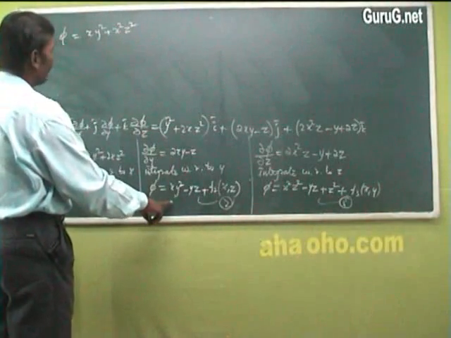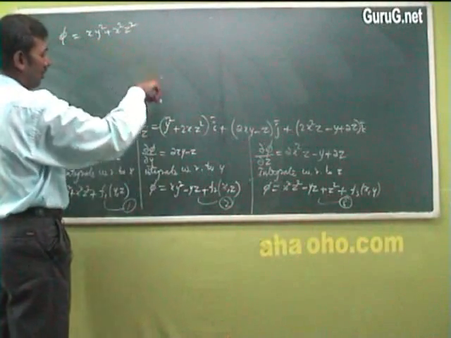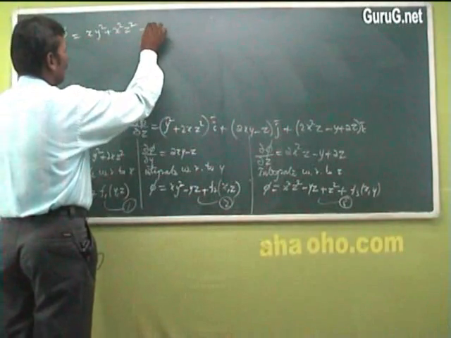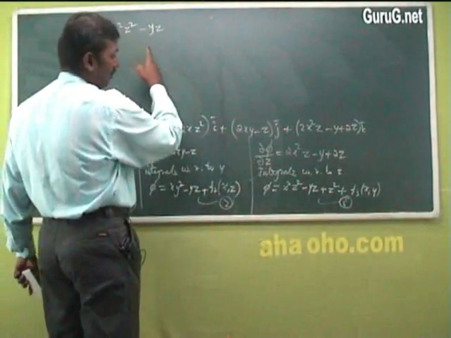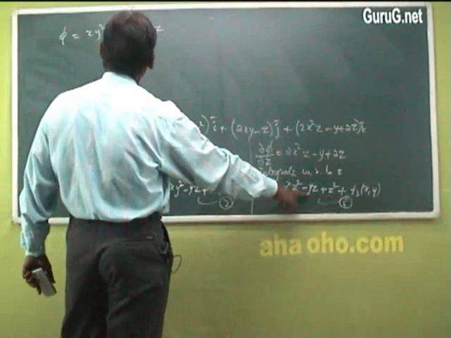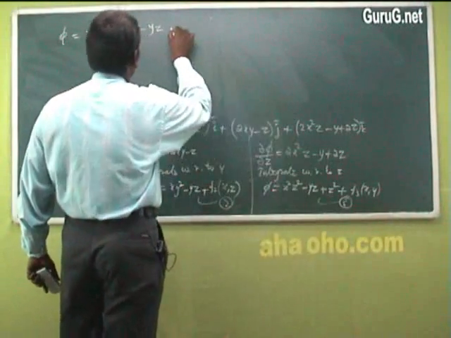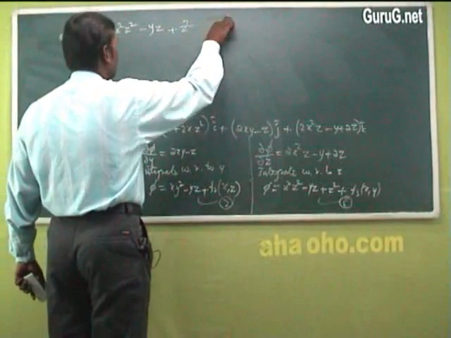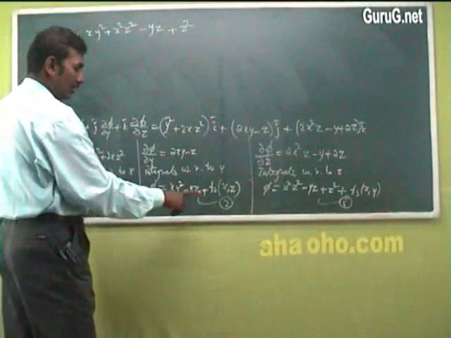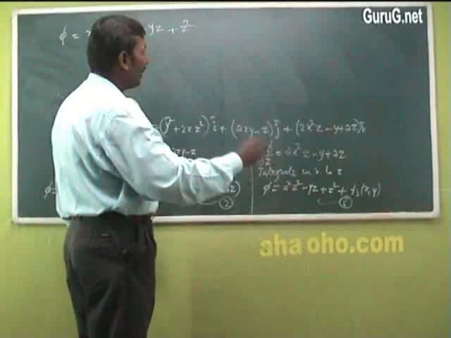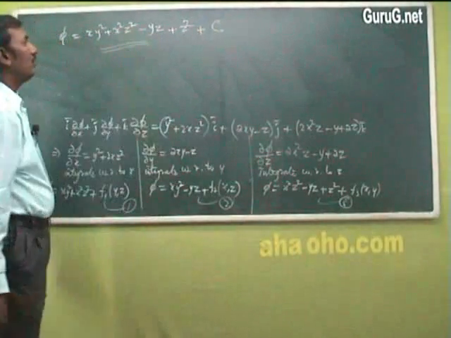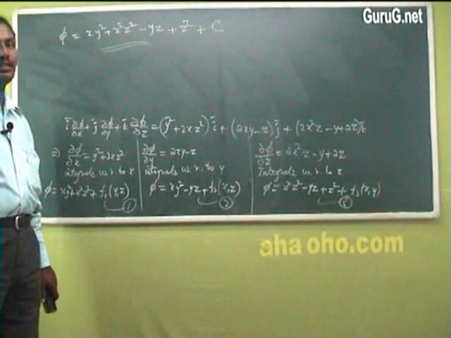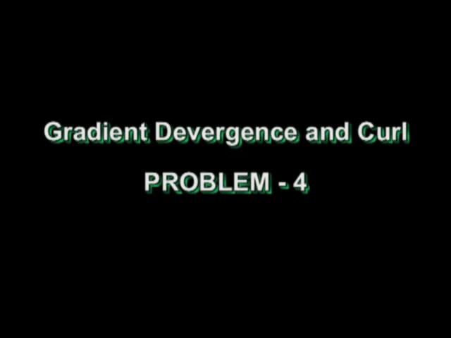Now in the second equation, xy squared is already there, so this is a minus yz. Then x squared z squared you already wrote, so minus yz plus z squared. Then instead of f1 of yz, f2 of xz and f3 of xy, you simply put a constant c. So which is nothing but the scalar potential of the given vector.